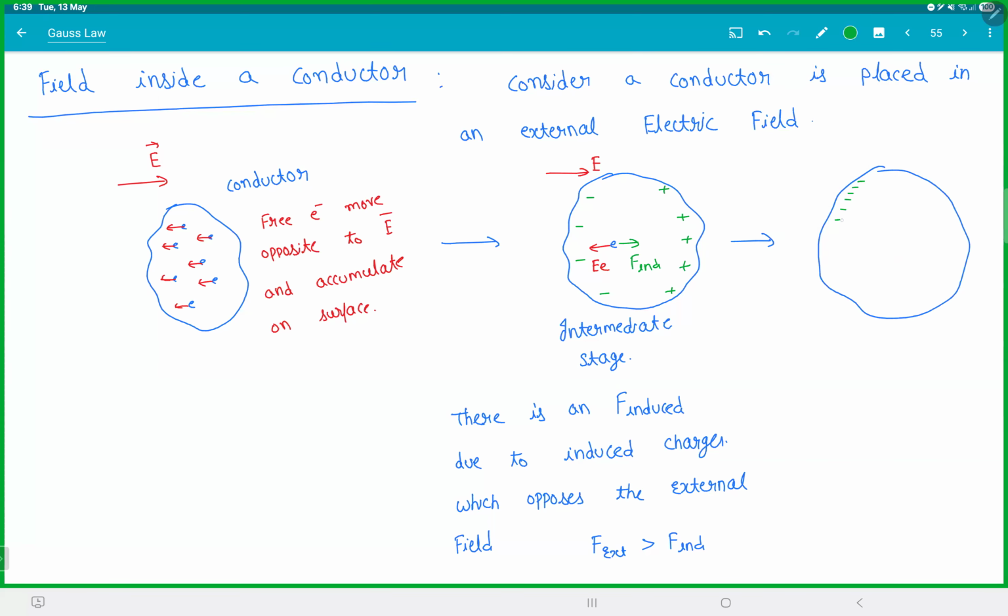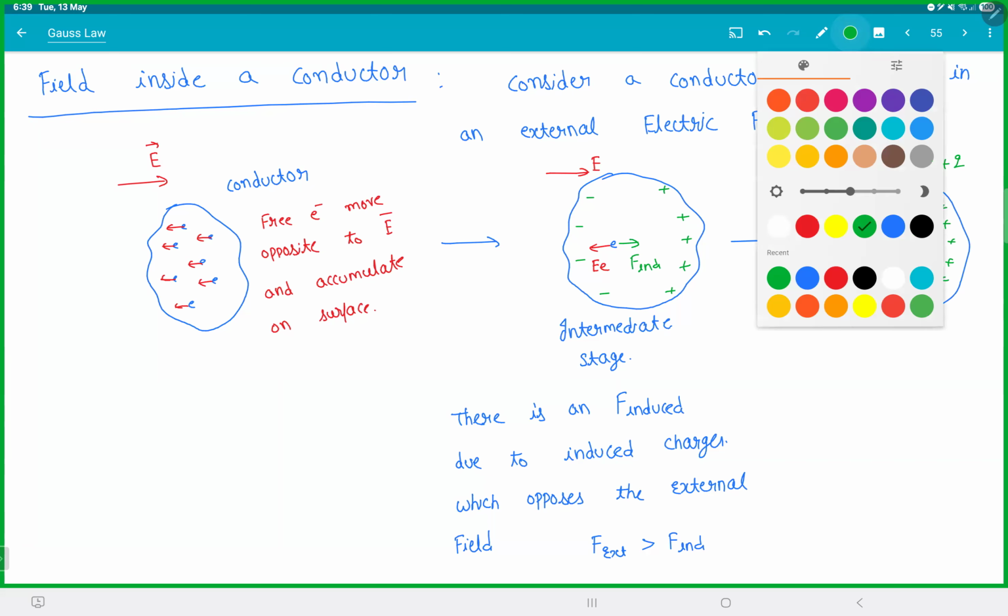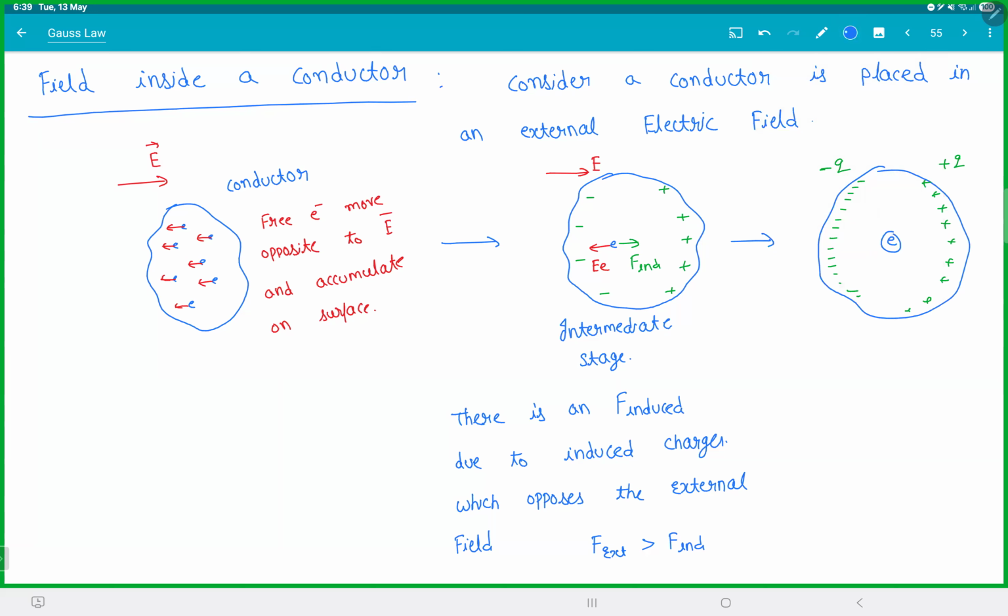This whole surface becomes induced with a good amount of charge, minus Q. This side becomes plus Q. Now, if you look at the electron in the middle, it will experience two forces, the F external and the induced force, and the induced forces are so strong they cancel out the external field inside.